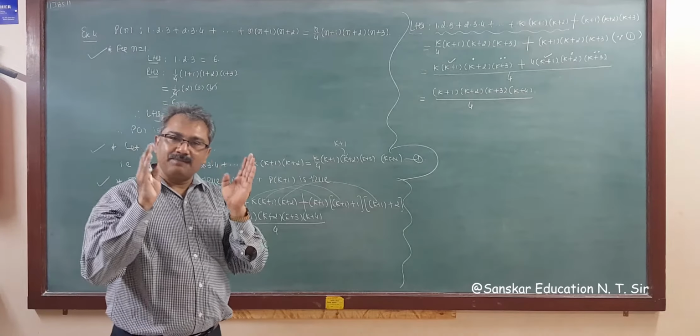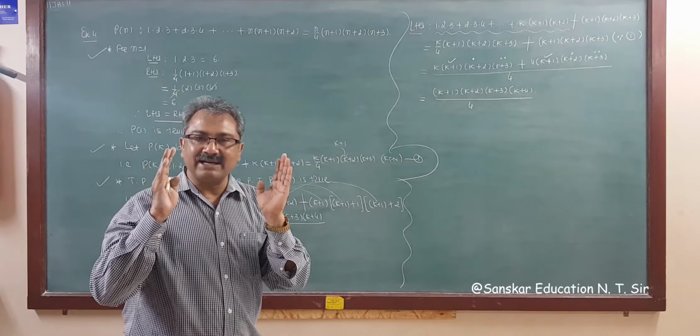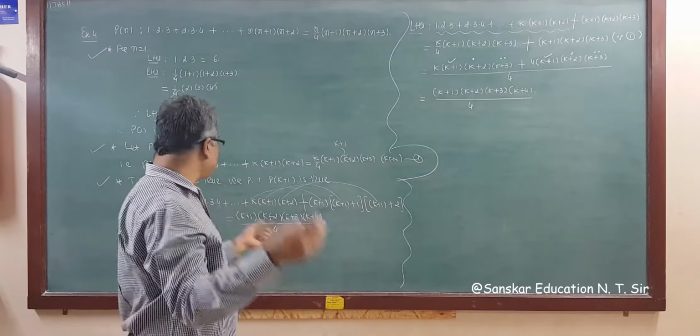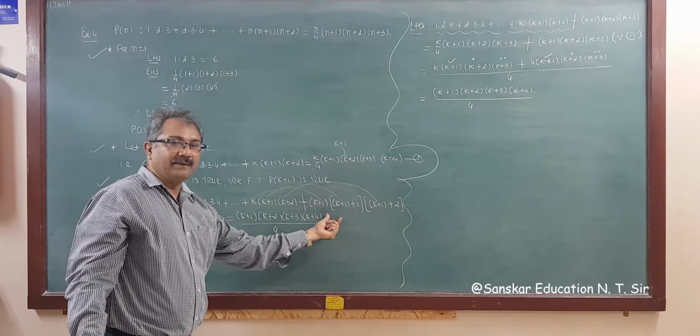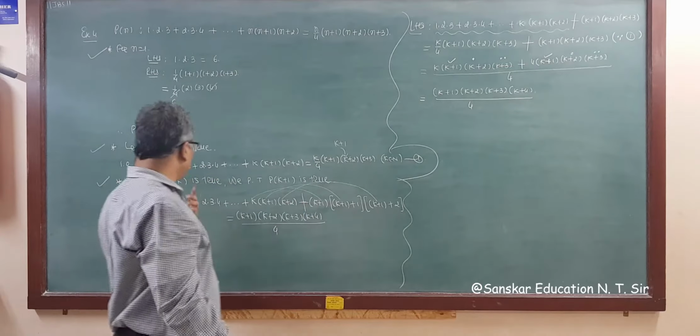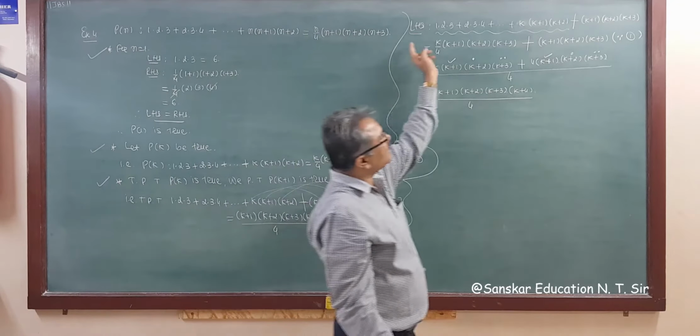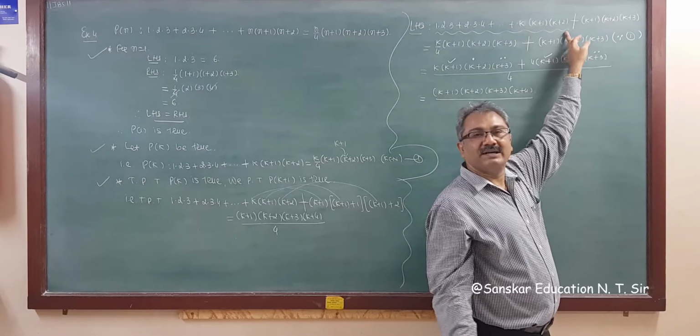For writing pk plus 1, you have to remember: write down pk's left hand side as it is and then the last term replaced by k plus 1, with right hand side k plus 1. Then take this left hand side; up to the second last term it is always pk.